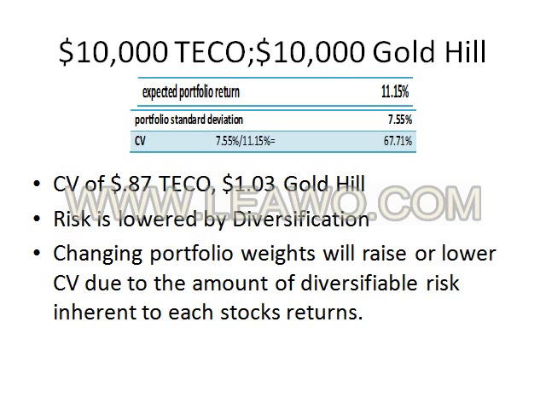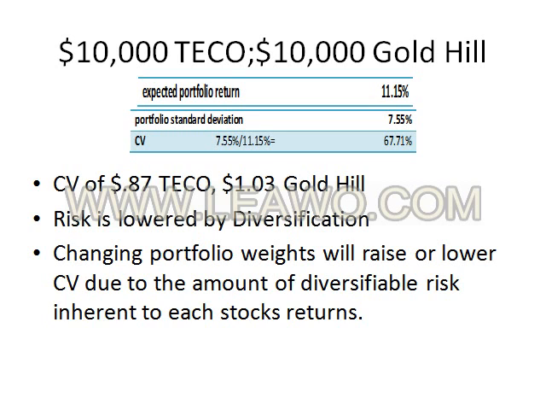The portfolio standard deviation is 7.55%, and the CV is 67.71%. A CV of 87 cents for TECO and $1.03 for Gold Hill is what the individual assets come in at. So this portfolio is much less risky. This risk is lowered by diversification.